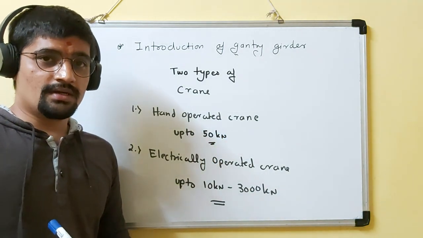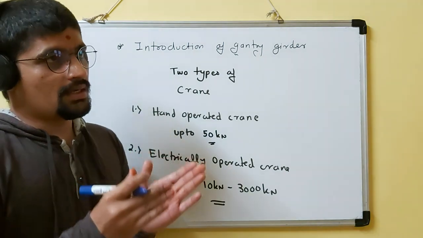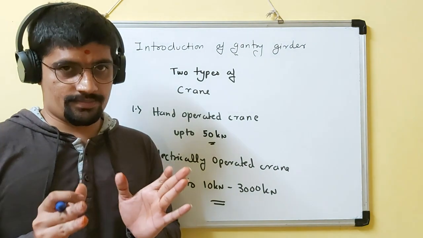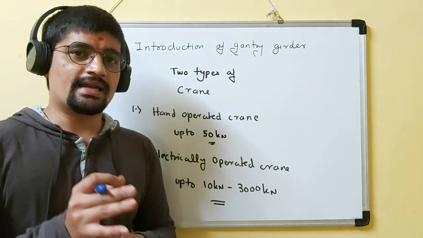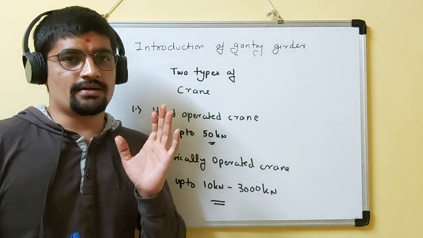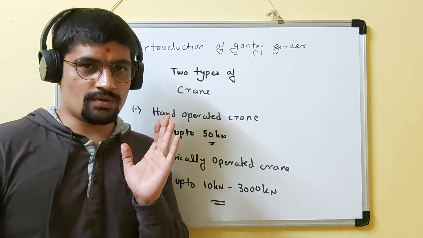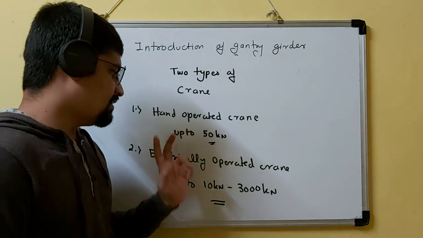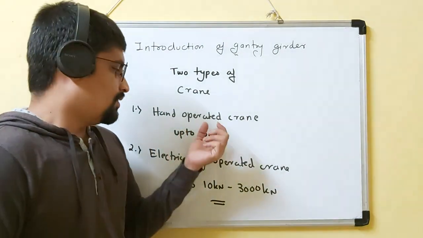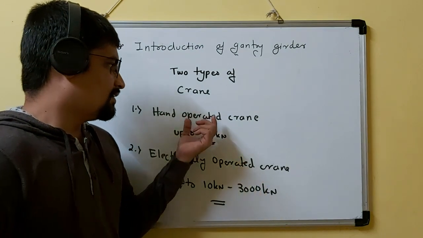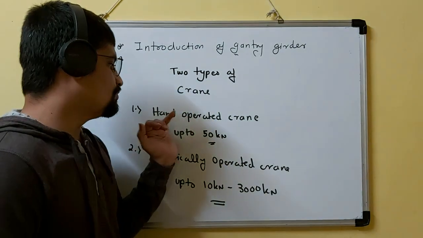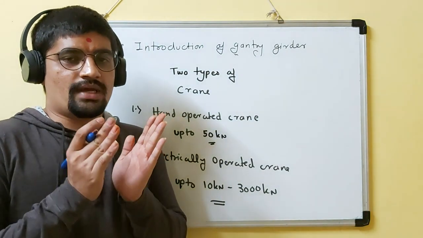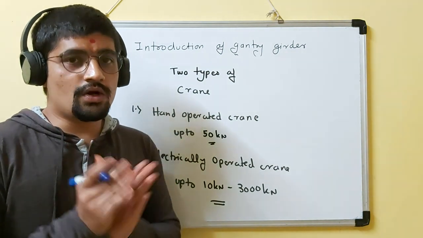If it is given that the crane is used to lift 40 kilonewton weight, design an appropriate gantry girder by yourself, then both hand operated and electrically operated are suitable. But if 40 kilonewton is there, the best choice is the hand operated crane only. Why? Because we need to keep economy in mind also.